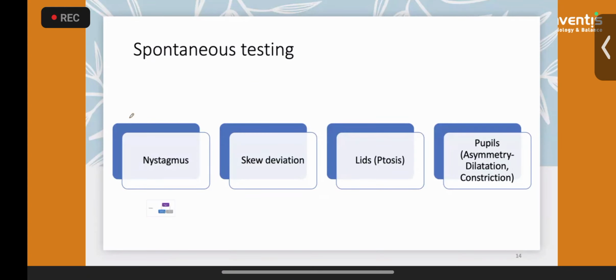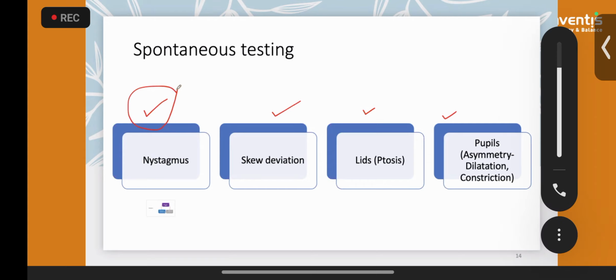But there are other things which we can also examine: skew deviation, which is a very important central sign, ptosis of the eyelid, that is drooping of the eyelid, and pupillary asymmetry, which is also very important because it is another central sign. So the main focus of spontaneous testing is to check for any nystagmus. Let us go into the details of the nystagmus.